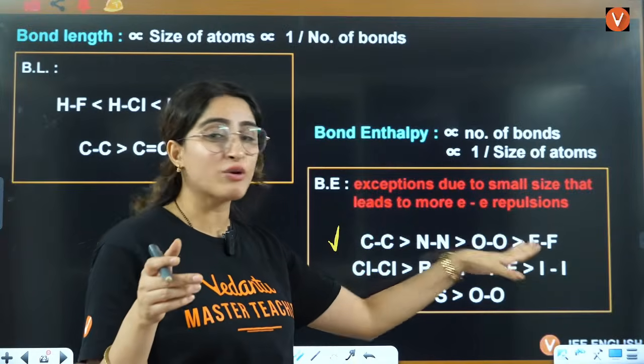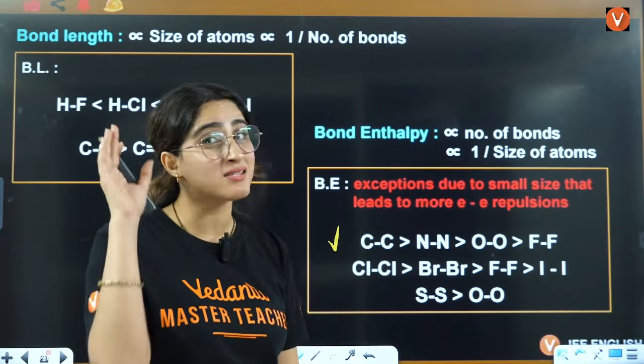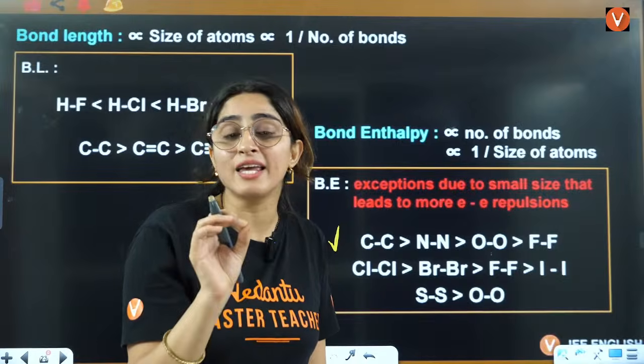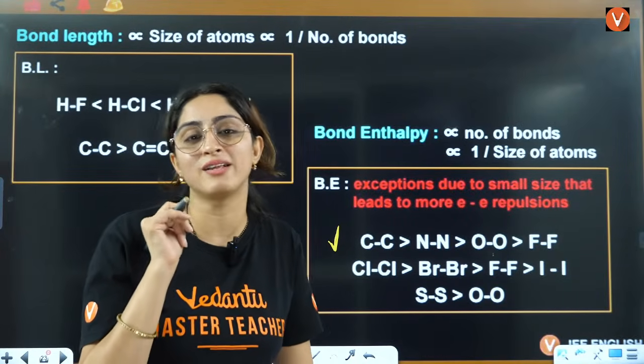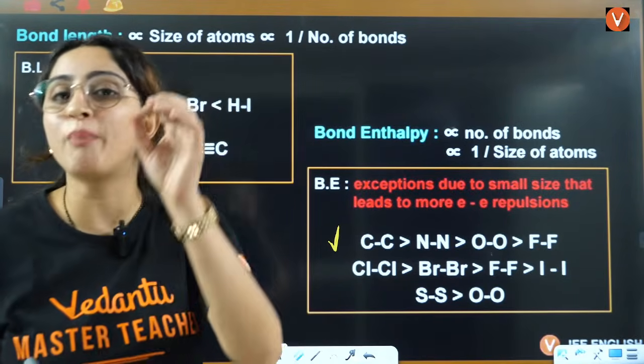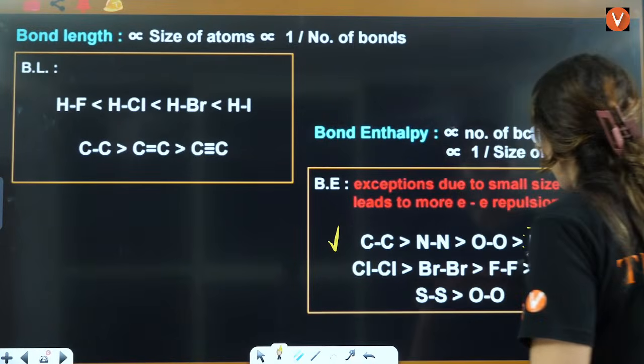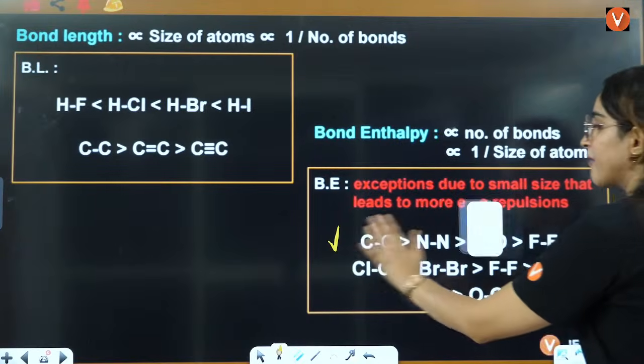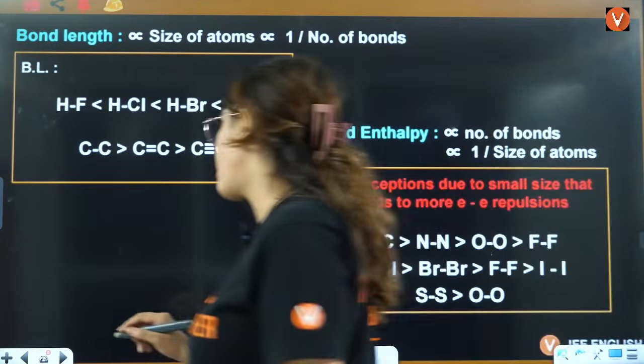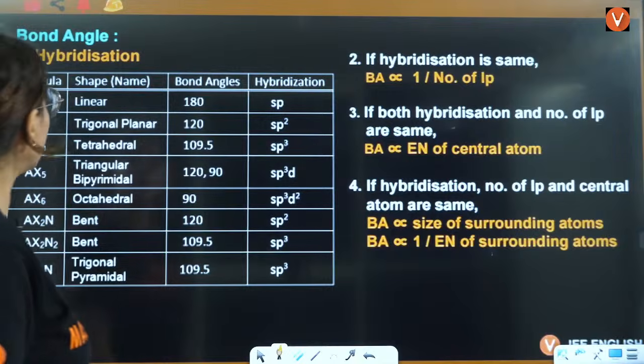But actually fluorine does not have the largest bond enthalpy, because of the repulsion between the lone pairs that you have in fluorine. Because of this repulsion, it will not have the maximum bond enthalpy.